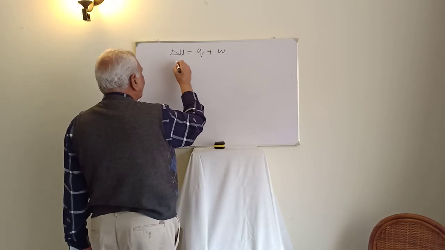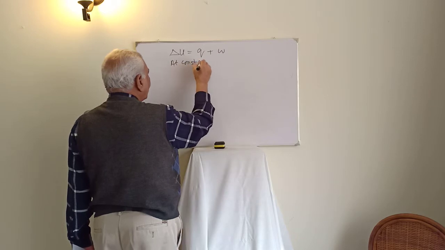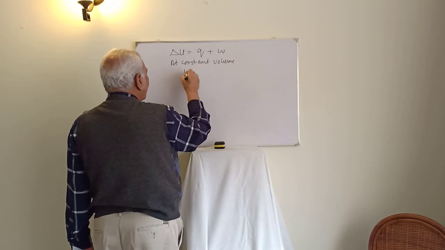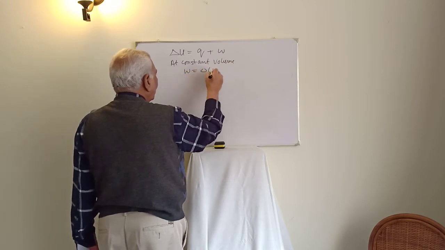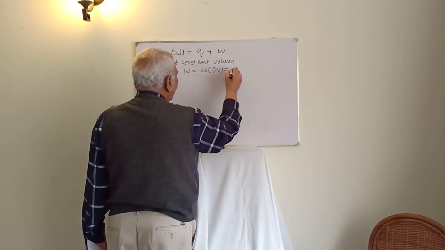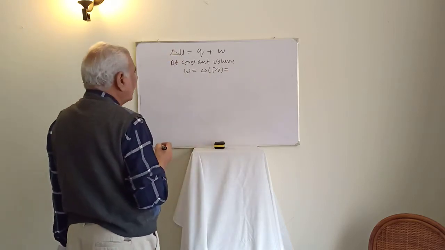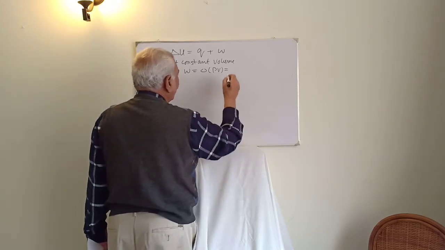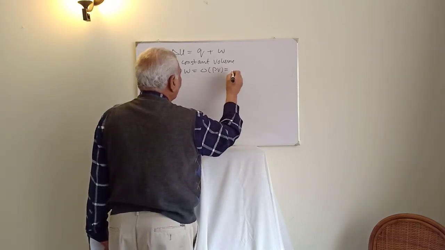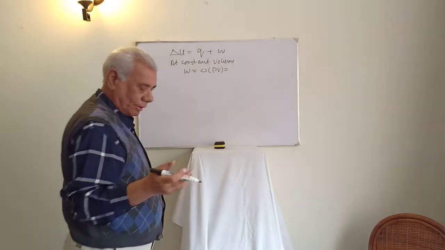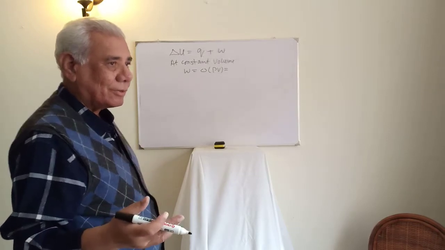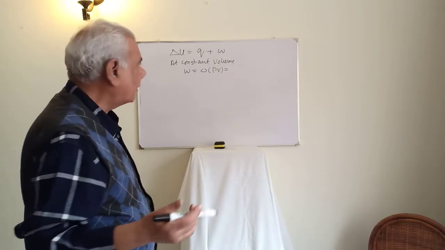And at constant volume, W is delta PV, which is equal to 0, because there is no expansion of the gas when the volume is constant.